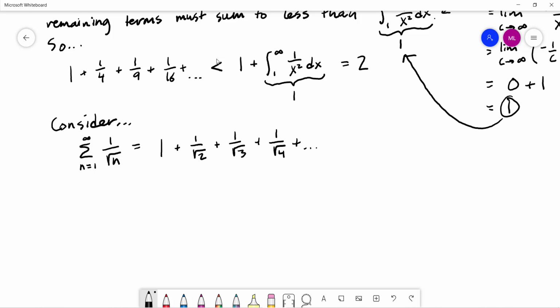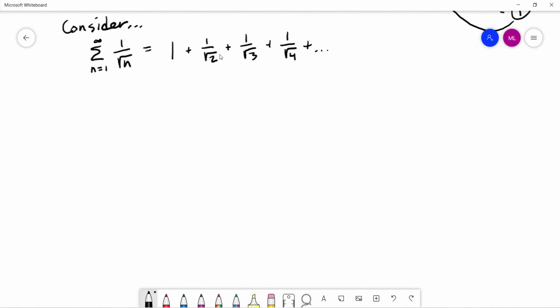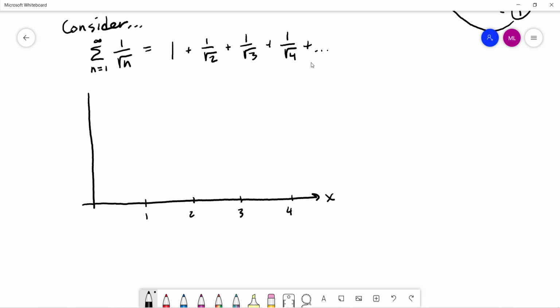If we graph this one the same way, there's not going to be a nice closed form for the nth partial sum of these, but if I graph it, we get a picture that looks something like this. Looks similar to the one that we drew a minute ago. So there's my x, 1, 2, 3, 4, height of 1.